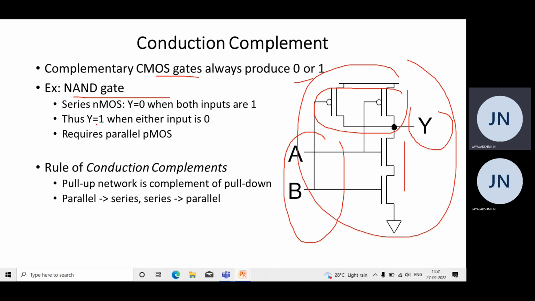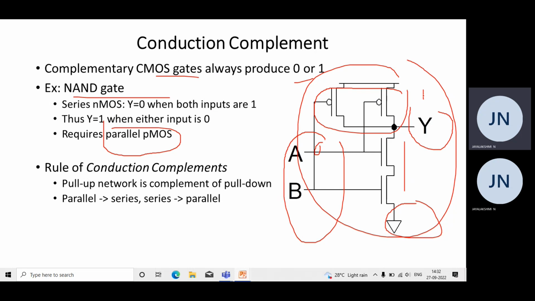Thus, Y is equal to 1 when either input is 0. That's why it requires a parallel PMOS circuit. If you provide 1 to the NMOS circuit, since it is connected to the ground, the output is 0. If you give 0 to the PMOS transistor, the output we get is 1.